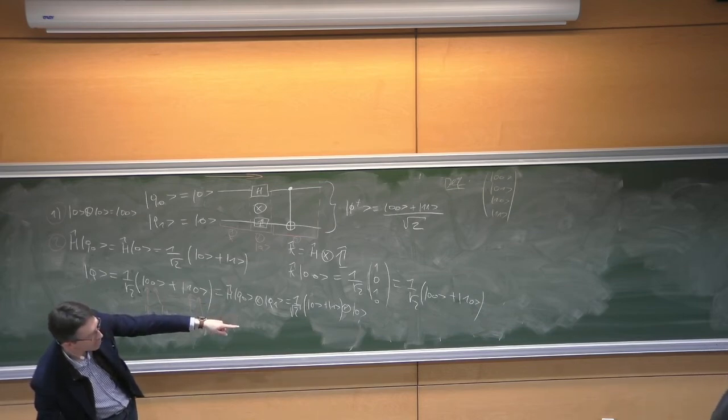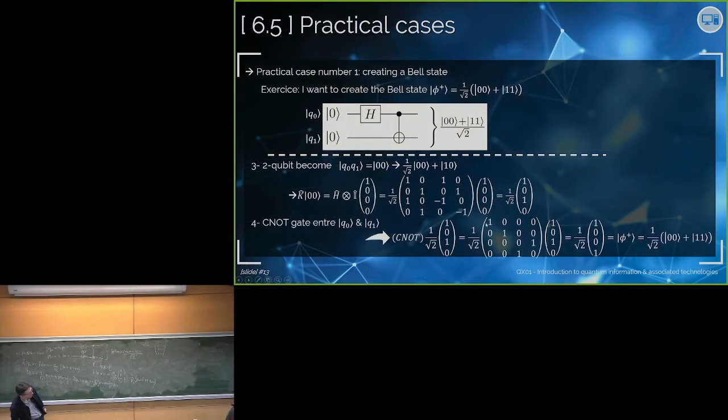So 1, 0, 1, 0. And you can see here, if I multiply this by this, I have 1. This by this gives me 0. This by this gives me 0. But then this by this gives me 1. Okay.